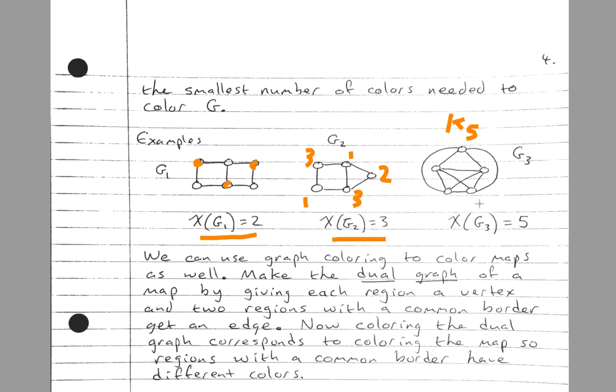So we need 5 colors: 1, 2, 3, 4, 5. So the chromatic number is 5. You could try it with 4 colors or fewer, but that's not going to work. You'll end up with an edge connecting 2 vertices of the same color.